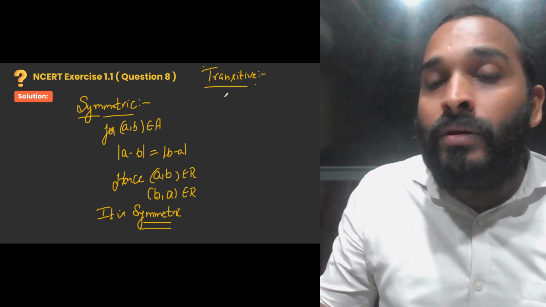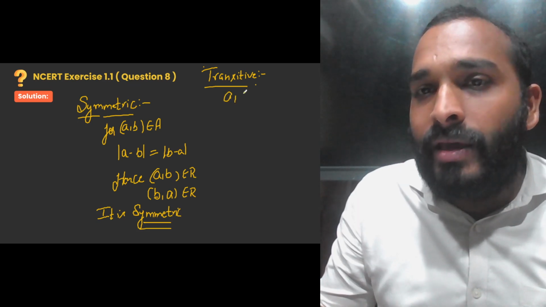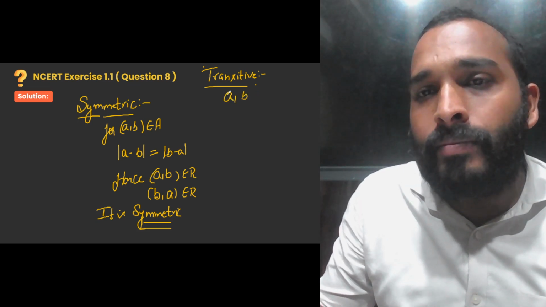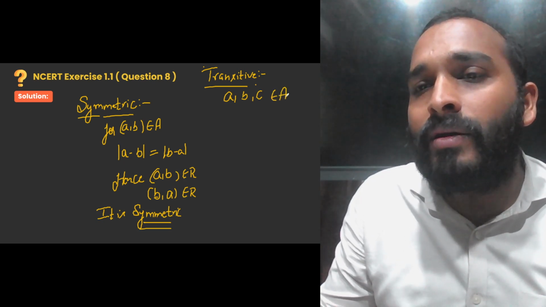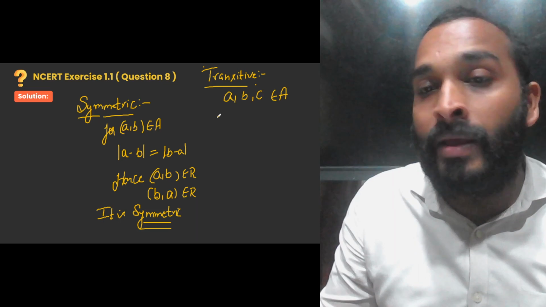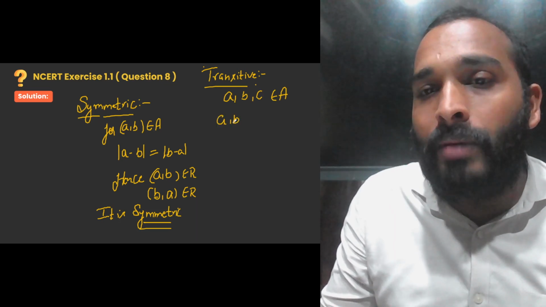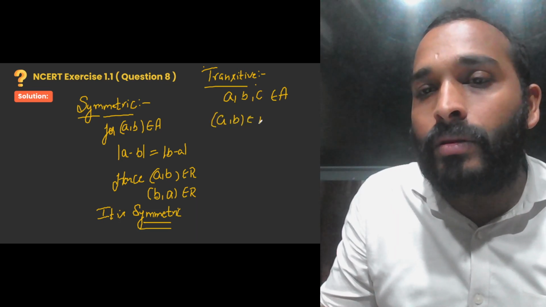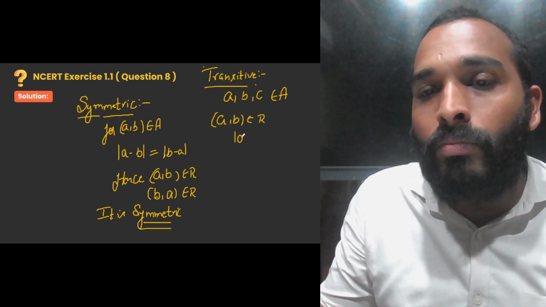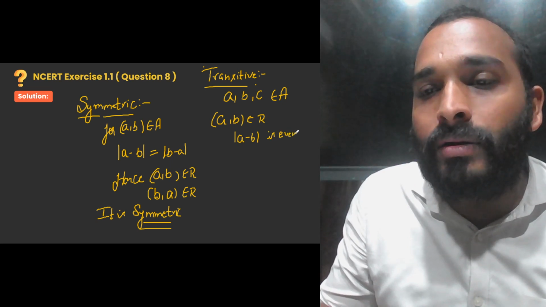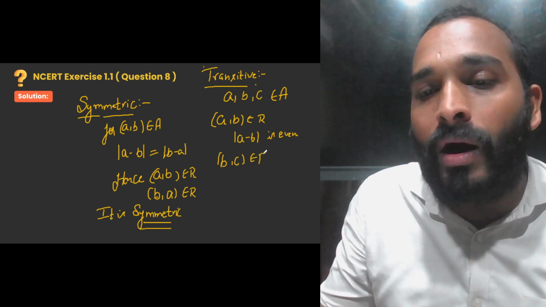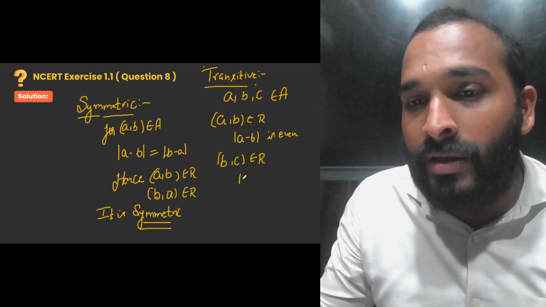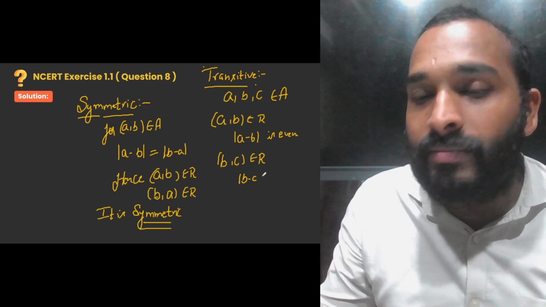Now consider three elements A comma B comma C, which should belong to set A. Now if A comma B belongs to R, that is modulus of A minus B is even, right children? Then B comma C, if it belongs to R, that means it is obeying the relation R. Here you can write modulus of B minus C. Right, children?